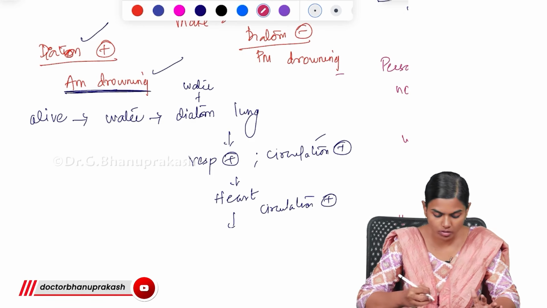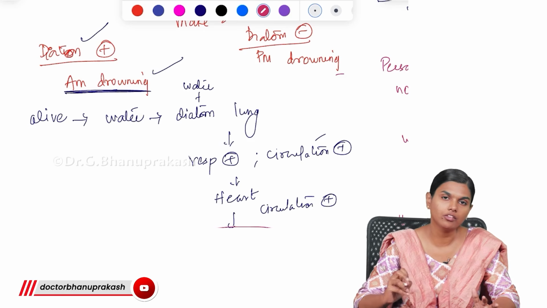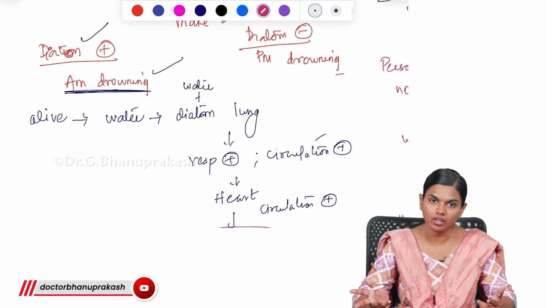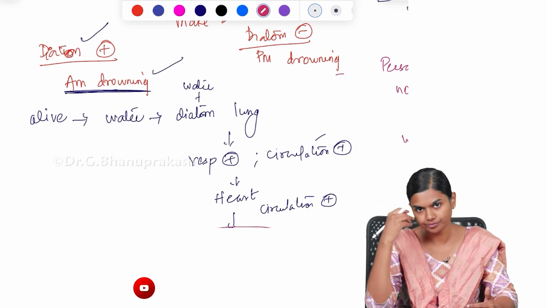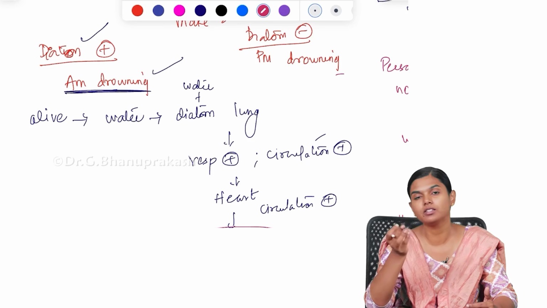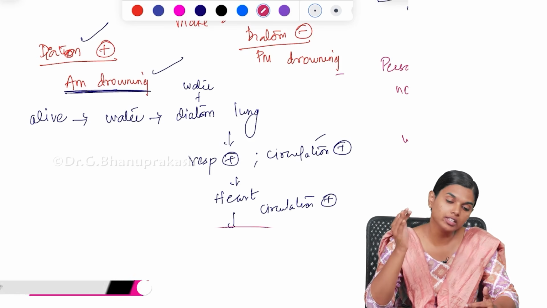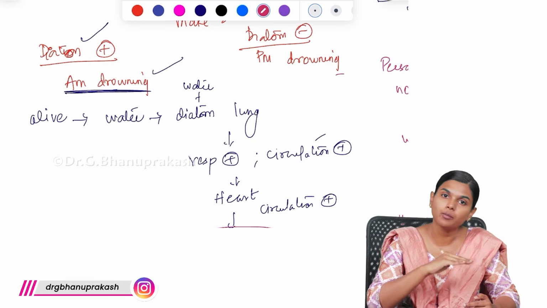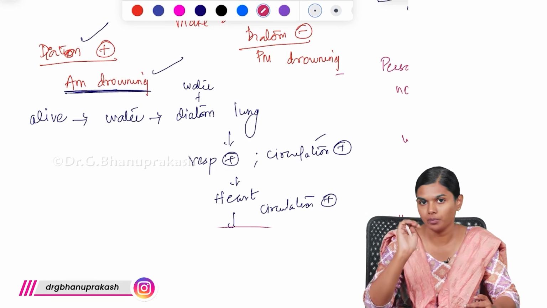So this is why we choose these peripheral organs like femur or brain. If diatom is present even in the periphery, it means circulation was present. Circulation present means the person was alive. So using this test, this is how we identify whether it is a case of antemortem drowning or postmortem drowning.